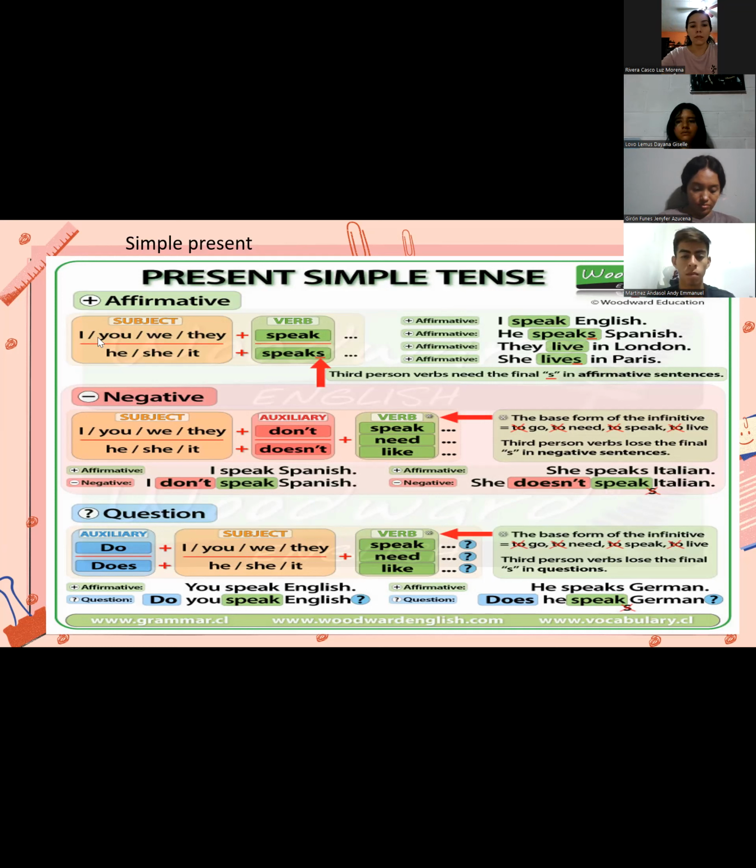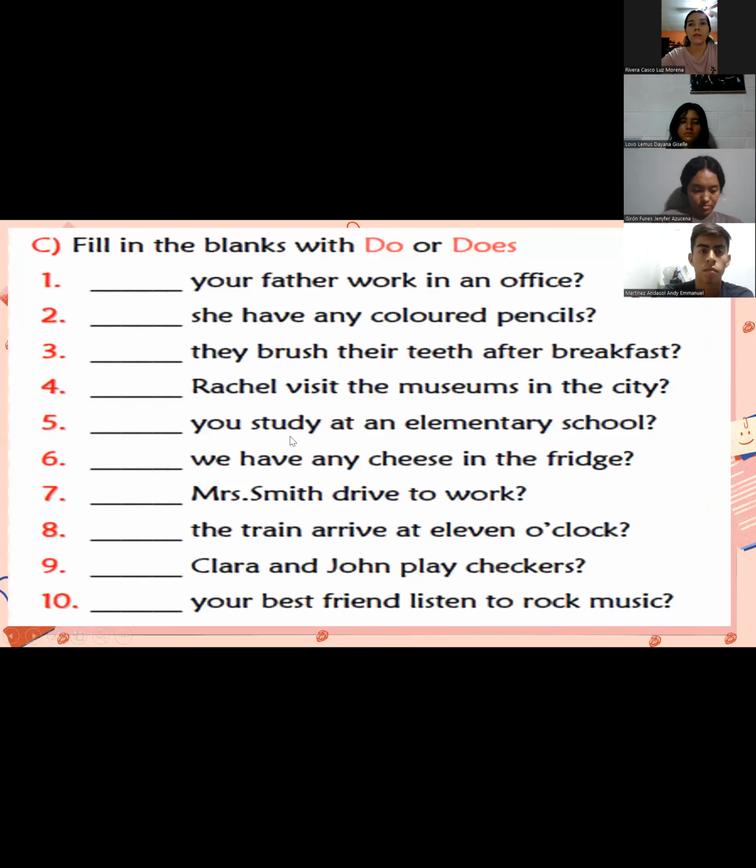We have affirmative, negative, and yes or no questions, okay? So I'm going to put this in the chat so that with time you read the affirmative, read the negative, and then look at the yes or no questions, okay? So right now we're going to practice. I'm going to give you these 10 questions. You are going to write do or does, okay? In your notebook.